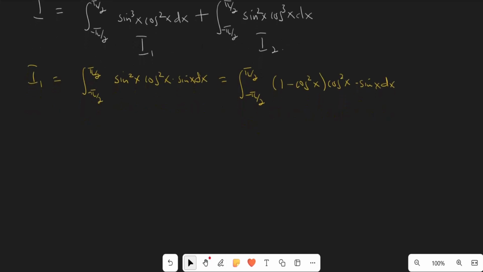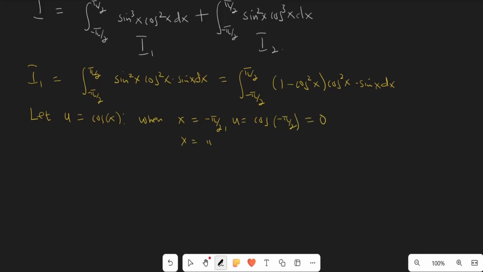And this integral is going to evaluate to 0. Why? Because we are going to do a u substitution. We can let u be equal to the cosine of x. When we do that, let's find the change in limits. When x is negative pi over 2, u is the cosine of negative pi over 2, which is 0.